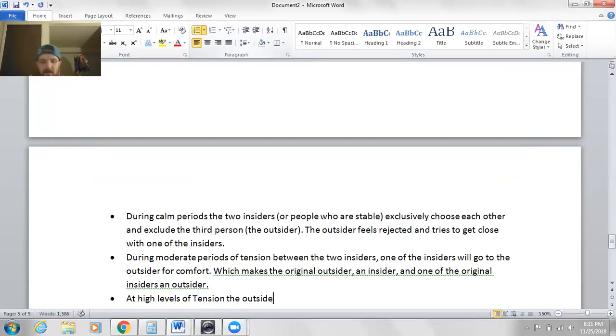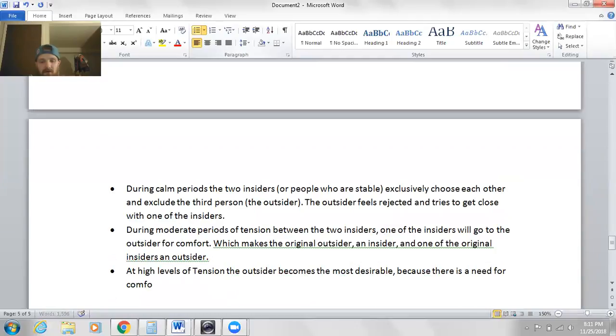the outsider becomes the most desirable because there is a need for comfort when in conflict.